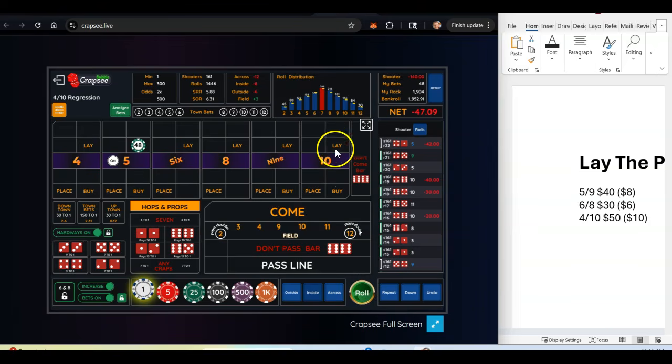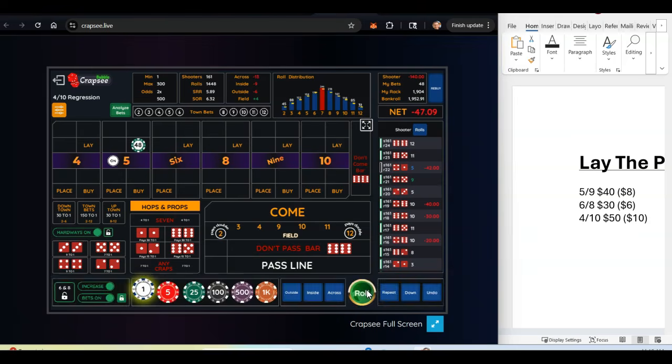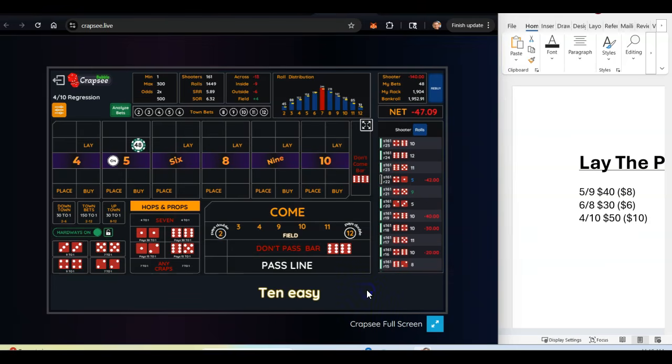And when we hit multiple 10s here, if I'm playing with real money, I'm probably gonna wait, like I showed you earlier, for another outside number to hit. So this is why simulating is so important. You learn so much. Yo 11. 12 craps. 10 easy.